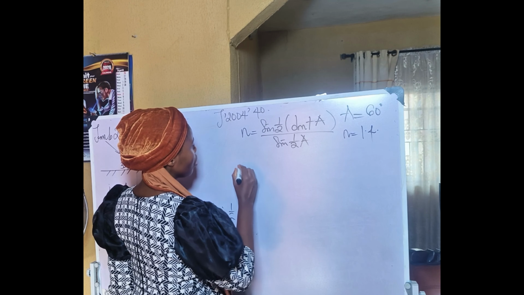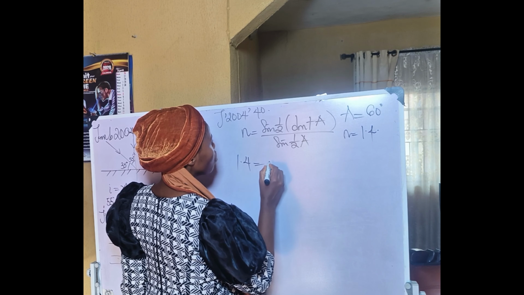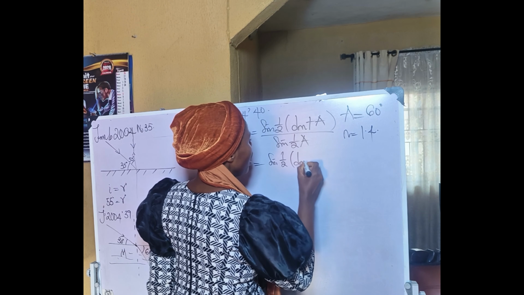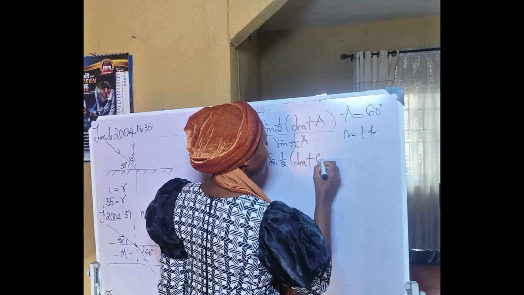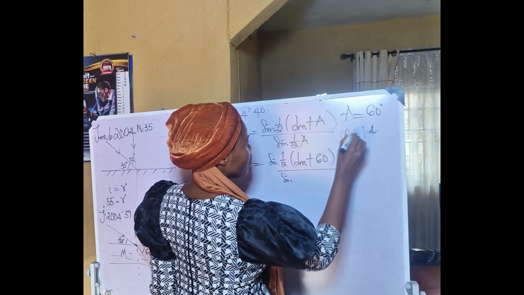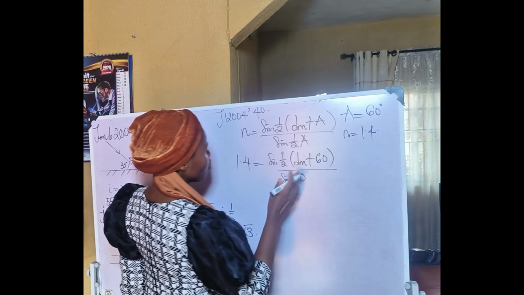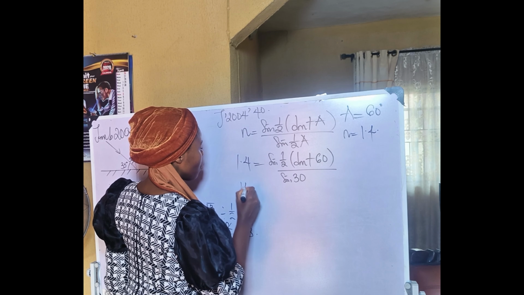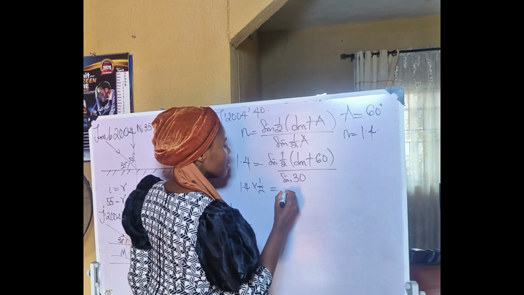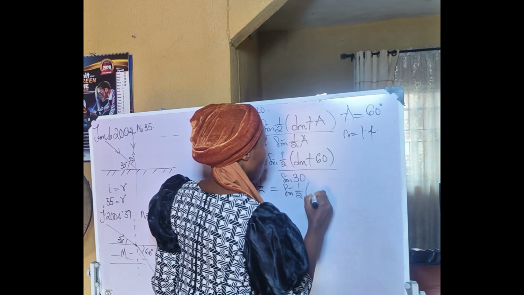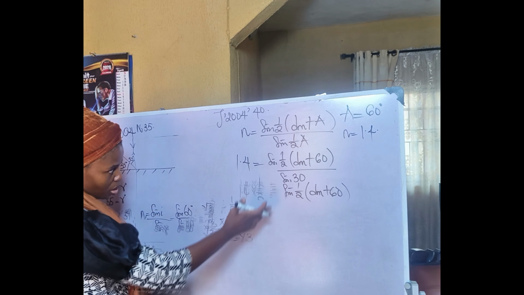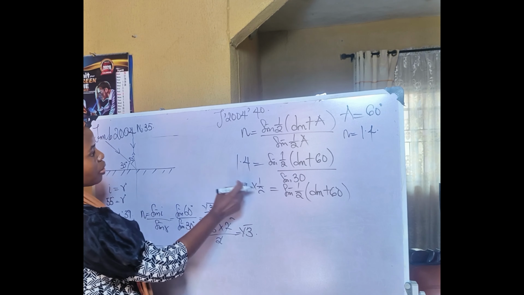Now let's go ahead to solve. So if I have 1.4 is equal to sine half bracket dm plus 60 all over sine half of A, which is sine 30. So go ahead to do this. It will be 1.4 times half, because sine 30 is half, going over there to multiply.